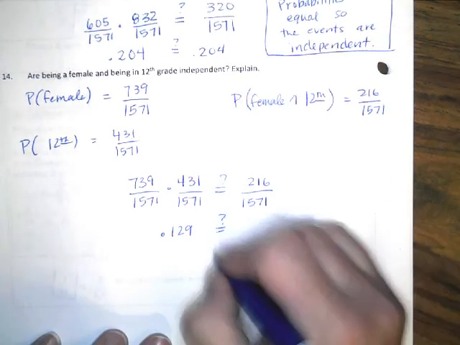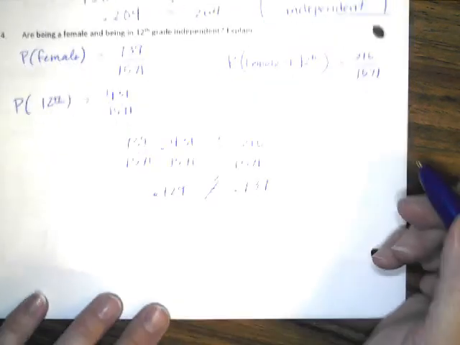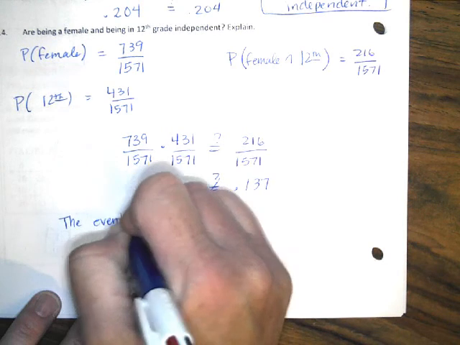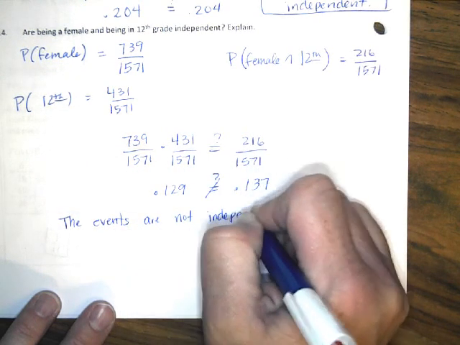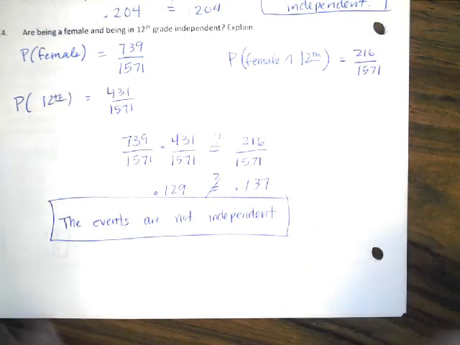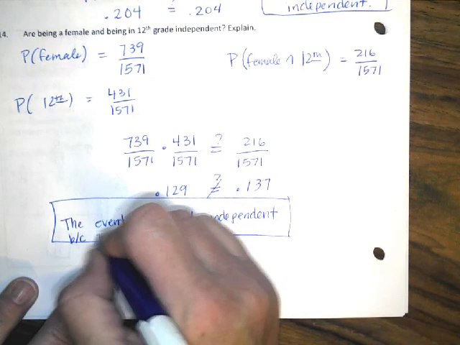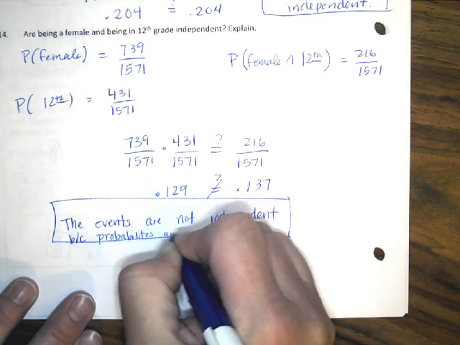And then 216 divided by 1571 is 0.137. So those are not equal. So the events are not independent, because the probabilities are not the same.